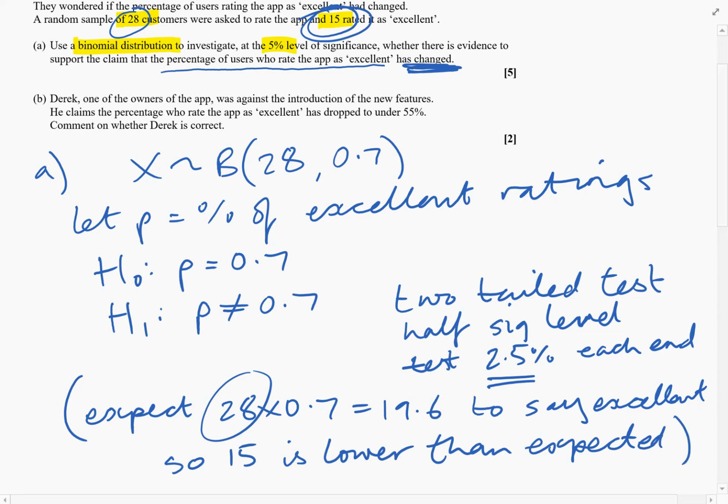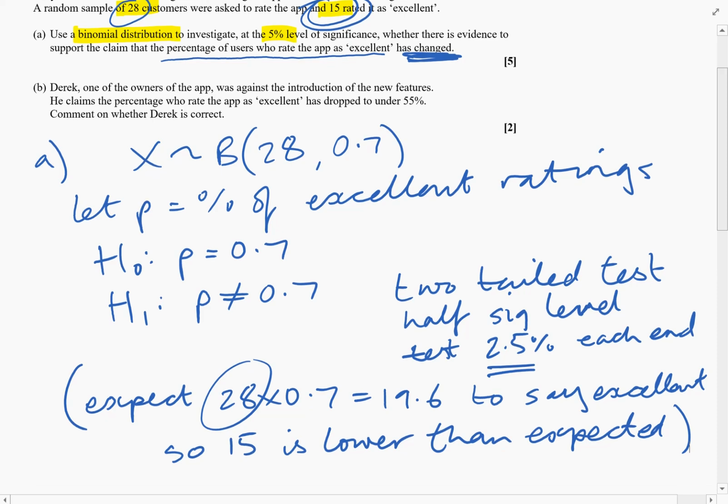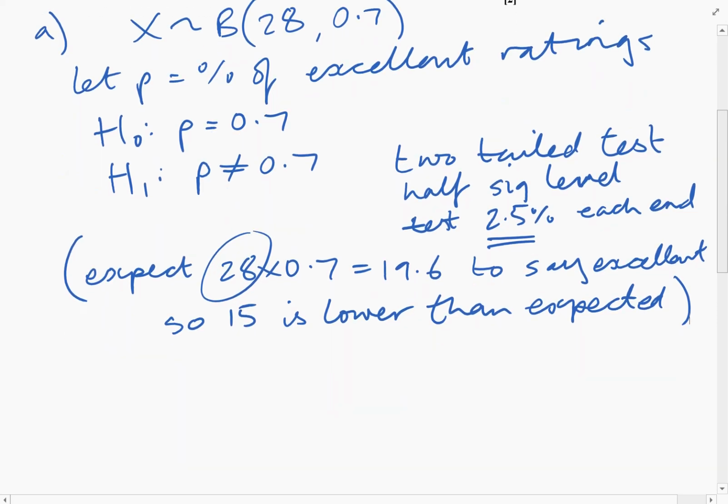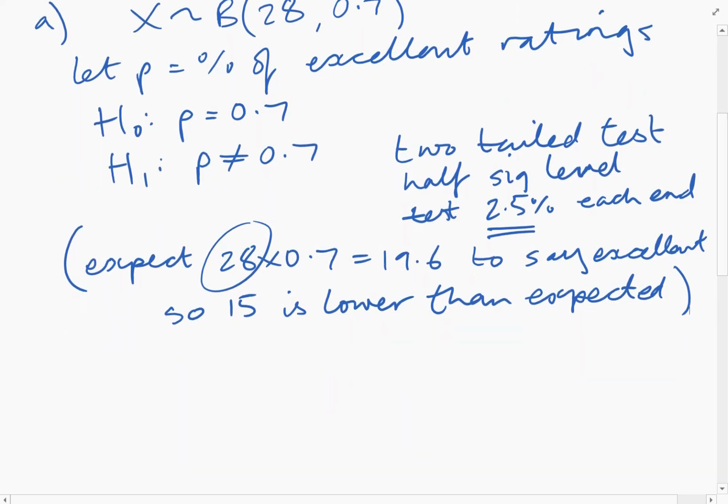Okay, now because 15 is lower than we would expect, we don't need to test at the upper end of the scale. We just need to test at the lower end, because clearly 15 out of 28 isn't higher than we would expect. So we just need to test 15 or more extreme examples.